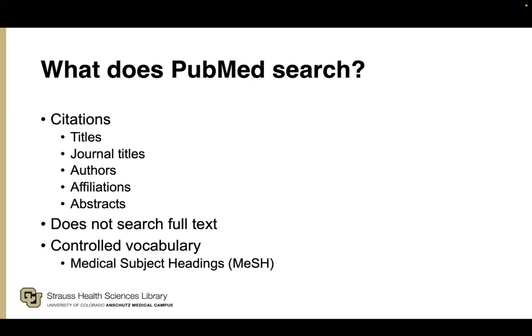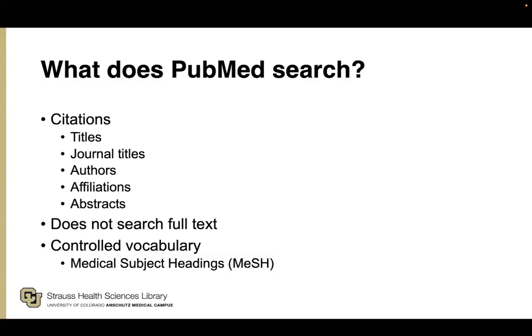Lastly, the other citation component that doesn't go into a works cited but is searched by PubMed is an abstract. When people summarize their journal article into an abstract, that abstract often gets uploaded into PubMed and can be searched when you run a search. What PubMed does not search is full text. That accompanying PDF of the full text of the article cannot be crawled for search terms when you run a search.